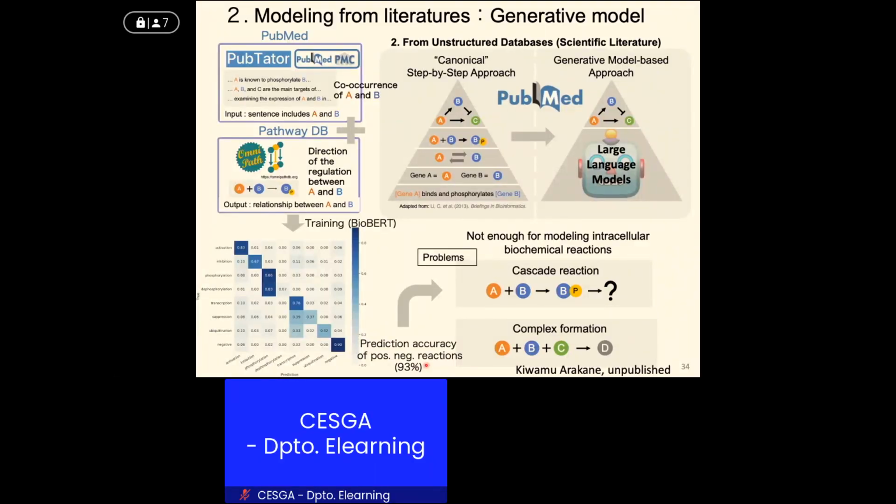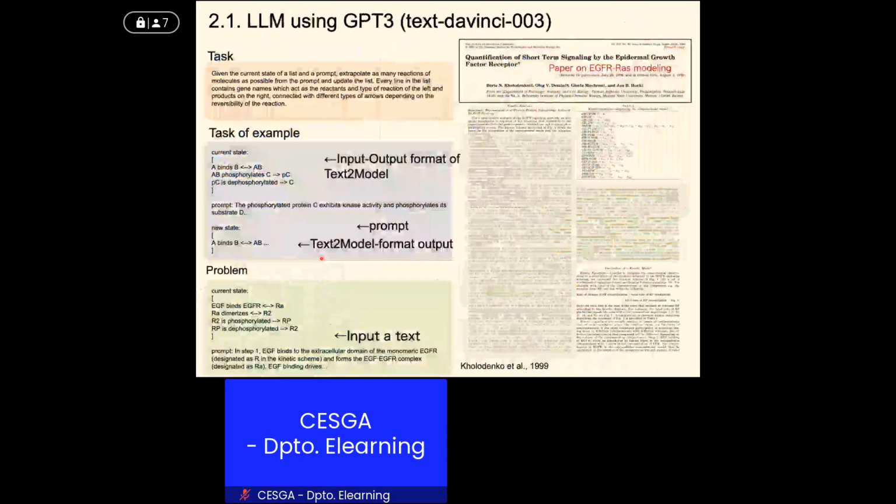But from this analysis, we found that this method is valid if we care about just the A and B relationship, but cannot do more than two. For example, if it becomes three, we cannot do it. And if A and B and the product of B does something, then we cannot predict it from this method. So we decided to use an LLM.